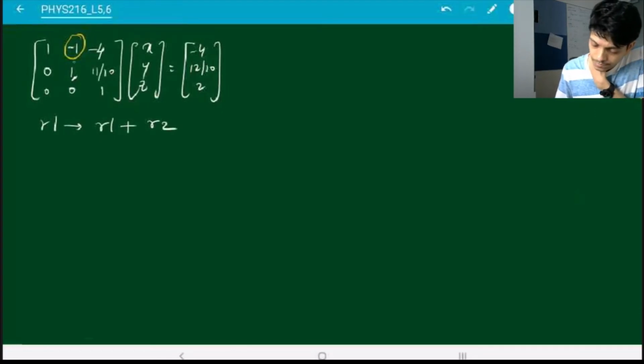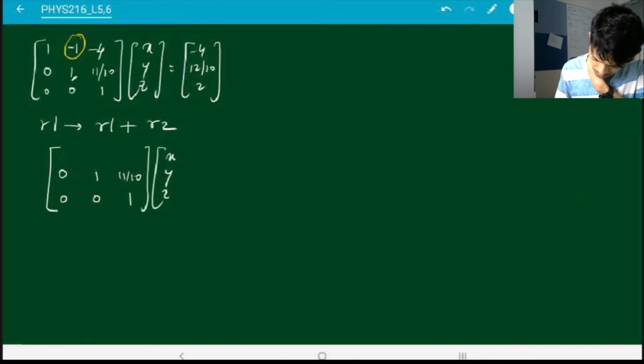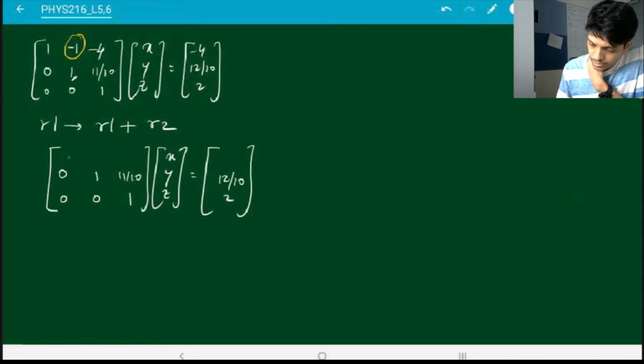So 1 plus 1 will become 2. Minus 1 plus 1 will become 0. The second row remains unchanged, and the third one also remains unchanged. It is only the first one which is changing. So 1 plus 0 is 1. Nothing will happen to this one, because there is a 0 sitting over here. We've already taken care of that.